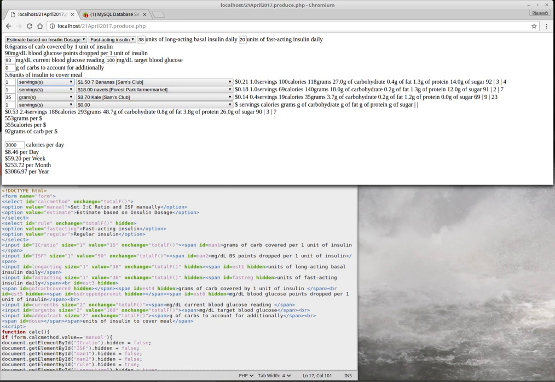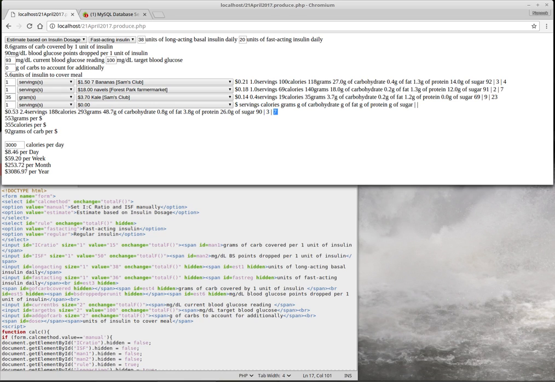And underneath, once you've added all that up, it gives you the totals of everything added together. And then there's also a totaled macro, which is percentage of calories from carbohydrate, percentage of calories from fat, and percentage of calories from protein.